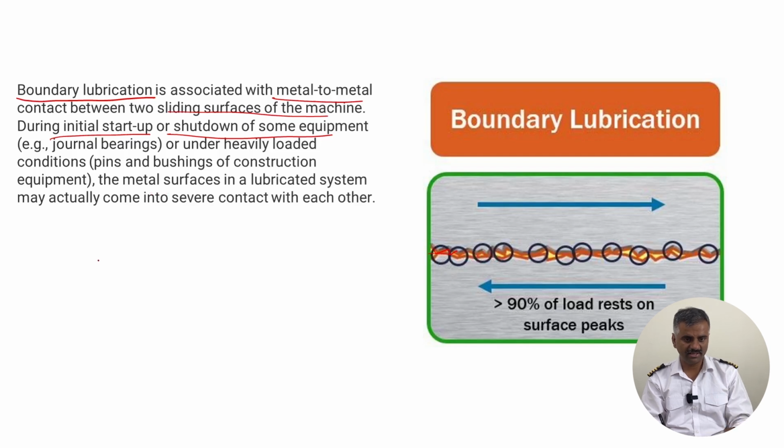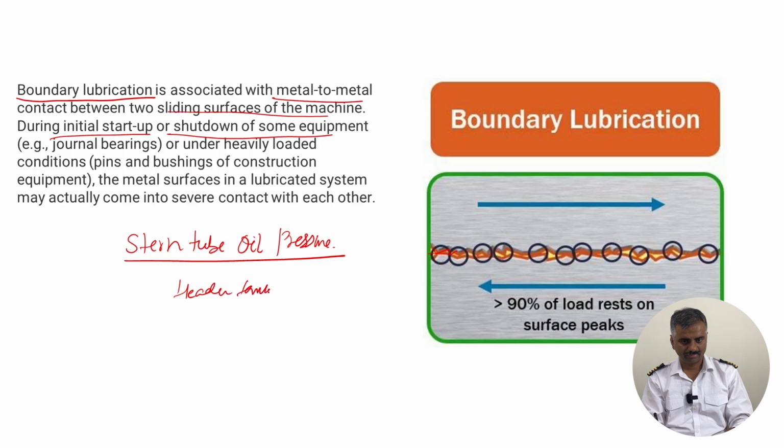That is why it is very important to maintain the stern tube oil pressure and the header tank level, because this is a gravity tank. The gravity tank will supply oil inside this surface.